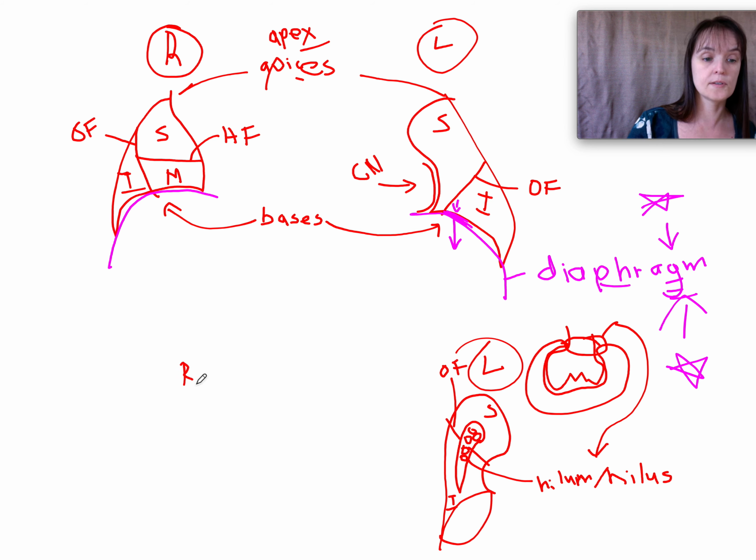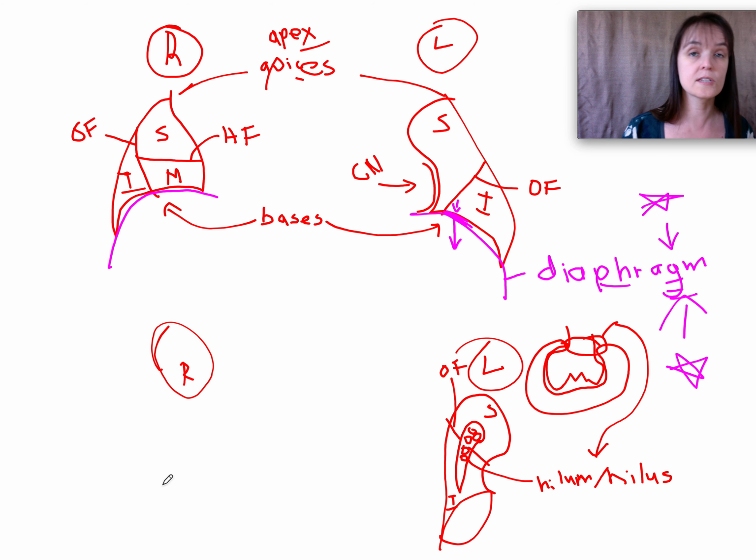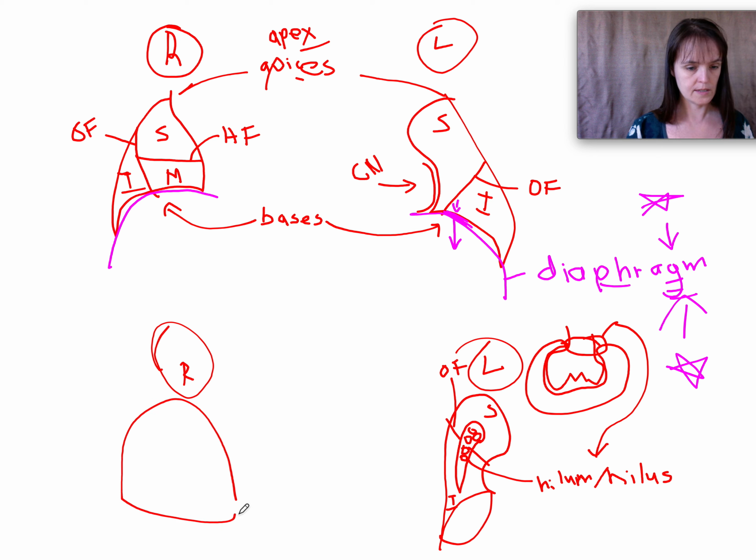And now let's draw the right, which is slightly more complicated because there are 3 lobes. And it's bigger, and it sits on the diaphragm. And then let's draw the hilum. Hilum.